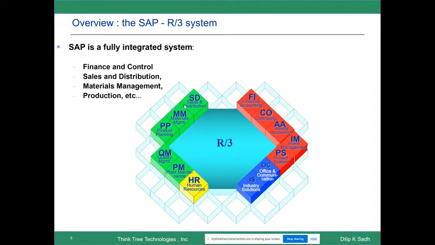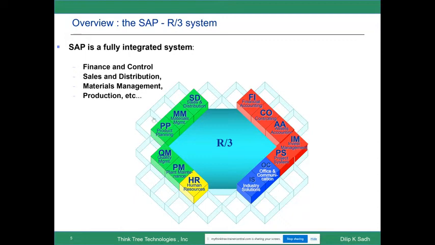Green is logistics, red is finance, yellow is HR. When we are learning the sales and distribution module, we are learning one part of green, which means one part of logistics. In logistics, along with sales and distribution, there is also materials management, production planning, quality management, plant maintenance, and many more. Yellow means HR, and red means there are various finance modules like finance, accounting, controlling, etc.